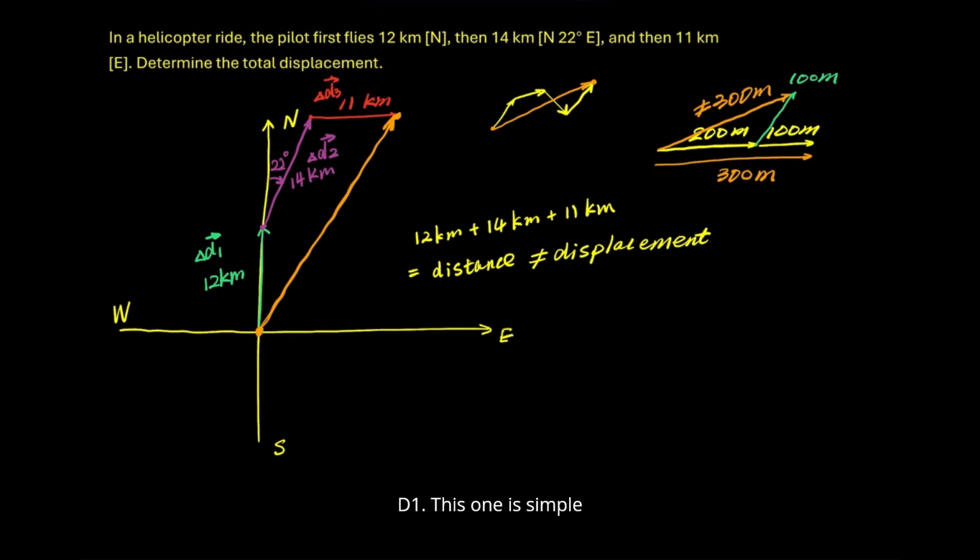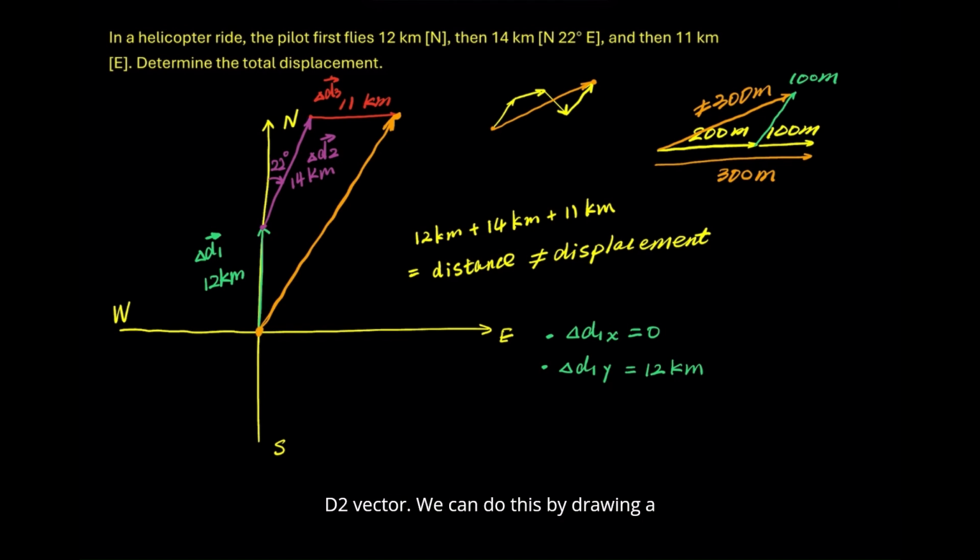This one is simple because it's a pure vertical displacement. Since the pilot flew directly north, there's no horizontal movement at all. We can write this as delta D1 in the x direction is 0, and delta D1 in the y direction is 12 kilometers.